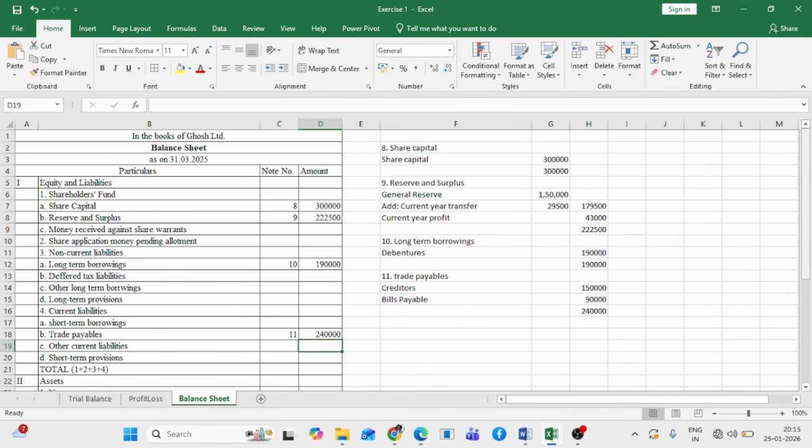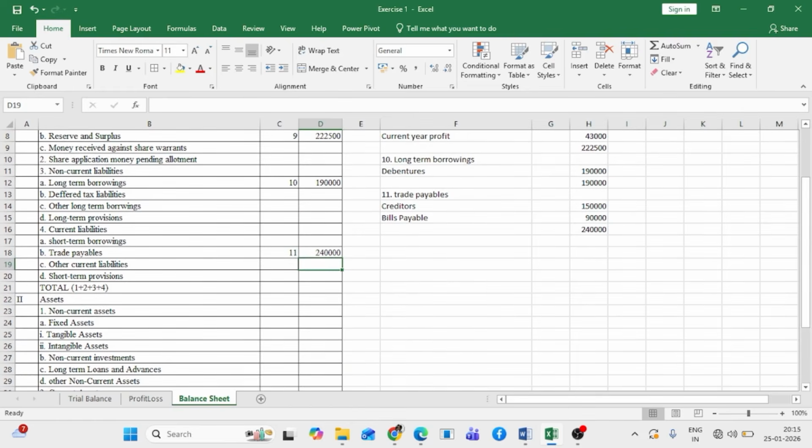Now, is there any other current liabilities? Just see once again the trial balance. There is no other current liability in it. Only in the adjustments we have what is known as outstanding salary.